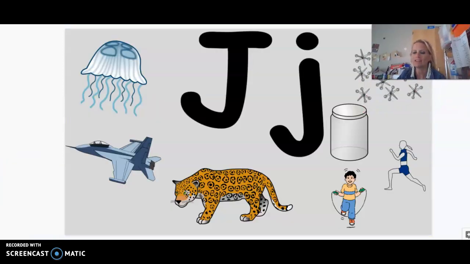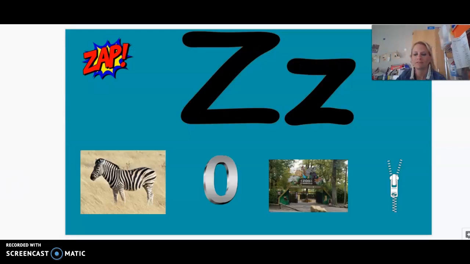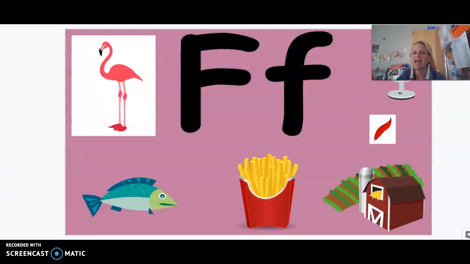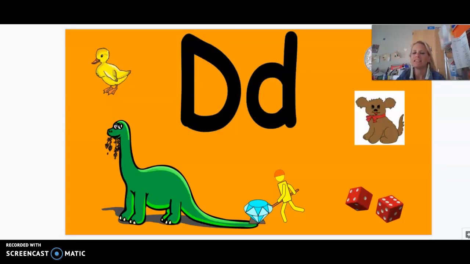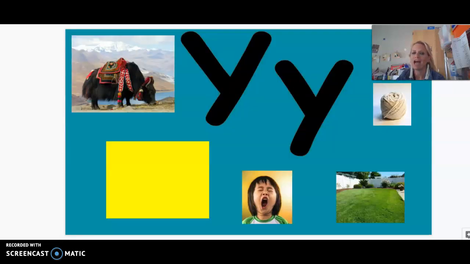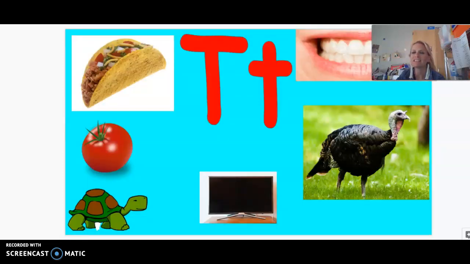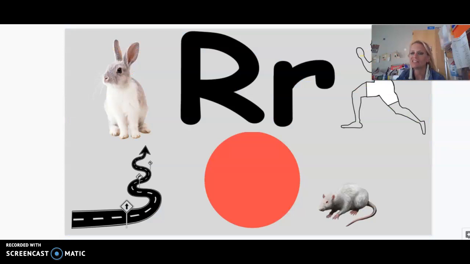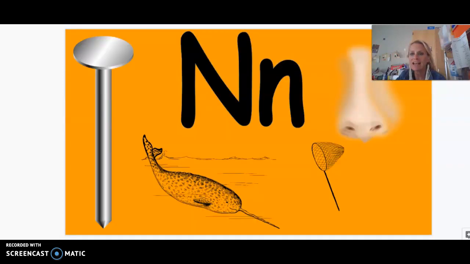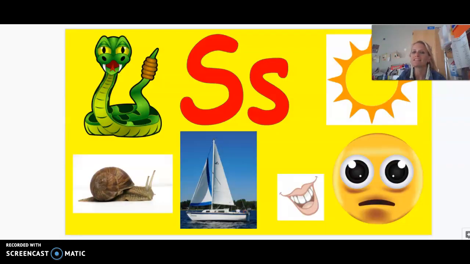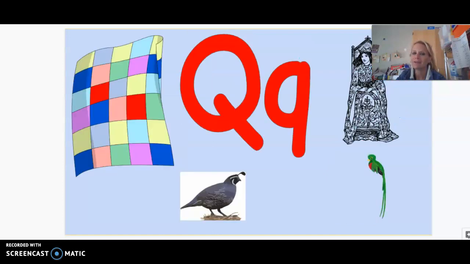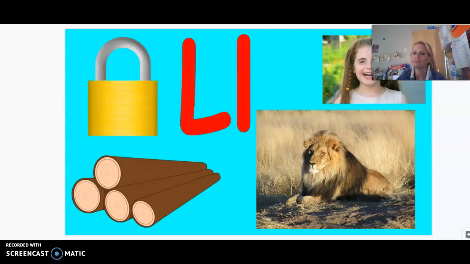Let's review our letters and sounds. J, ja. Z, z. F, f. D, d. Y, y. T, t. R, N, n. S, s. I, Q, qu.